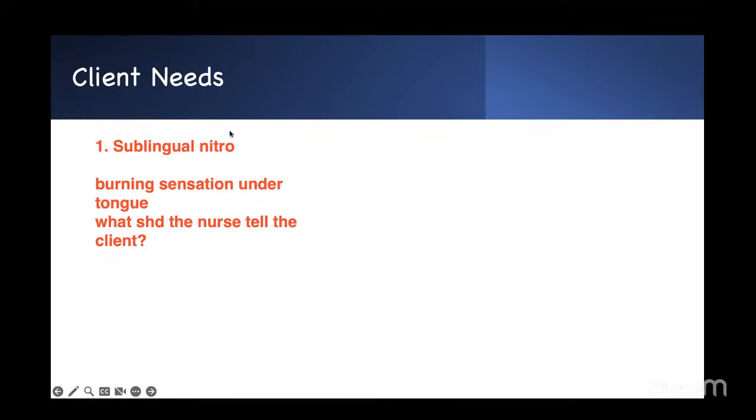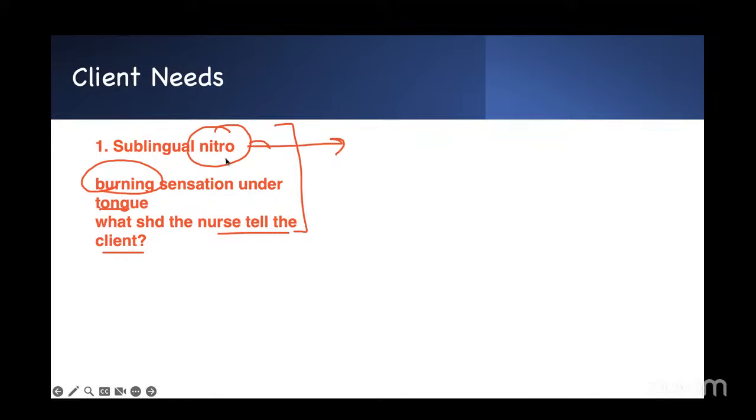What is the patient on? Nitrate, right? Nitro. And what is the patient reporting? A burning sensation under the tongue. And the question says, what do you tell the patient? The next thing you ask yourself is, is this an expected finding of nitro?